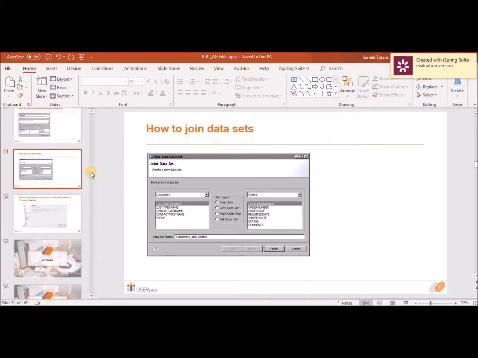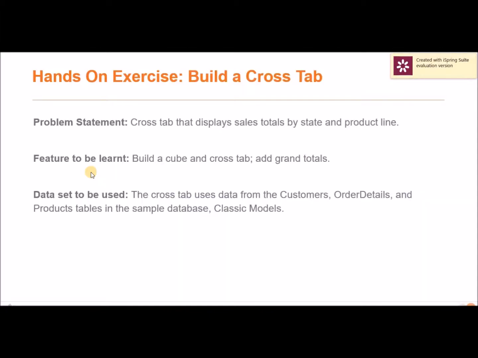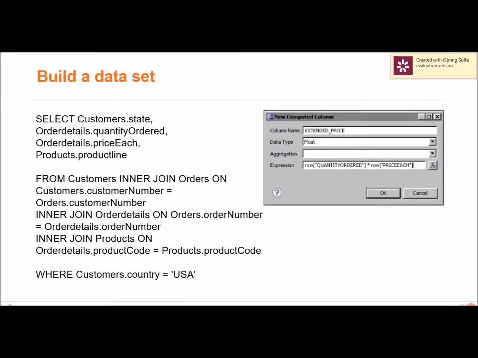Okay. We use this query to build our data set, and then we added extended price. And like you see here, maybe I should have made this float instead of decimal. Maybe that's why the formatting was, well, we could change that.